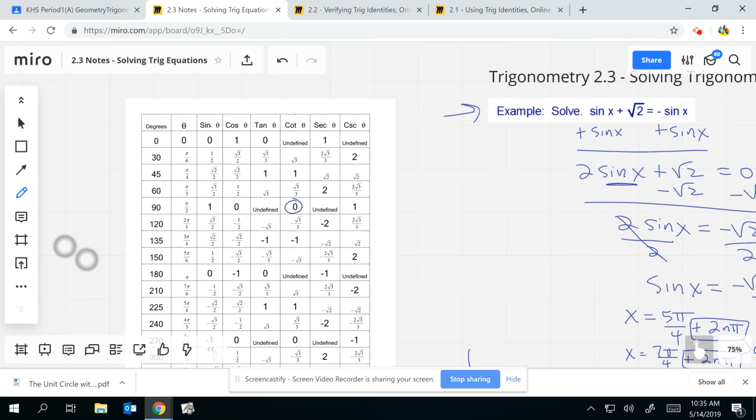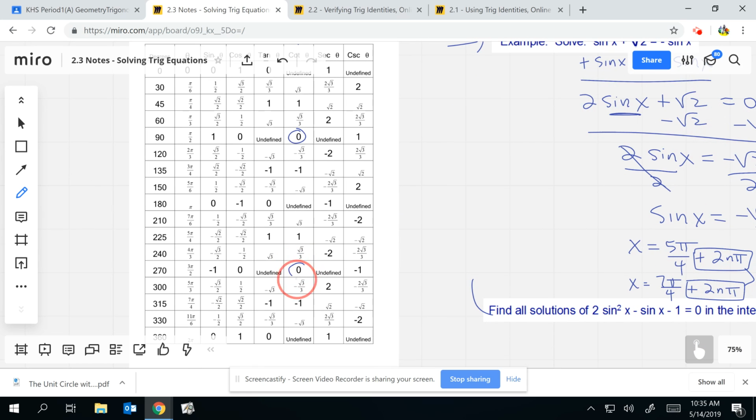And 0 is also down here. So there are 2 places where the cotangent is a 0. Pi over 2 radians and 3 pi over 2 radians. How far apart are those?